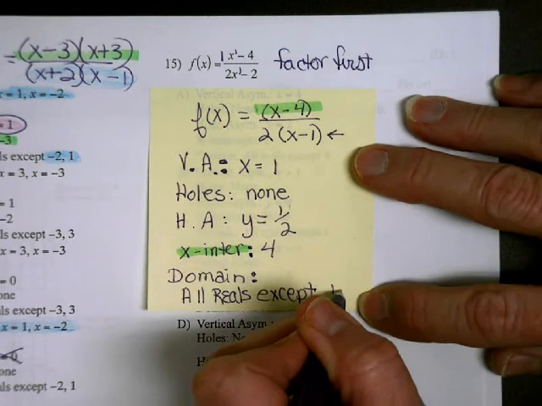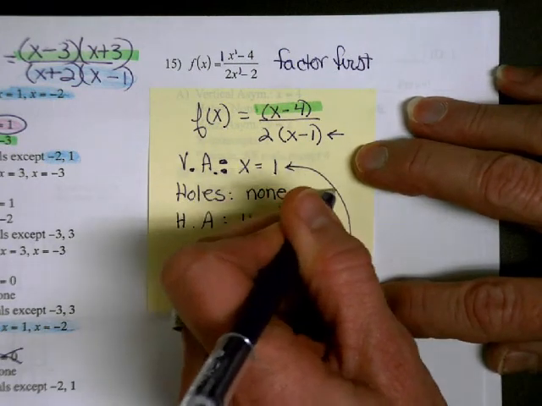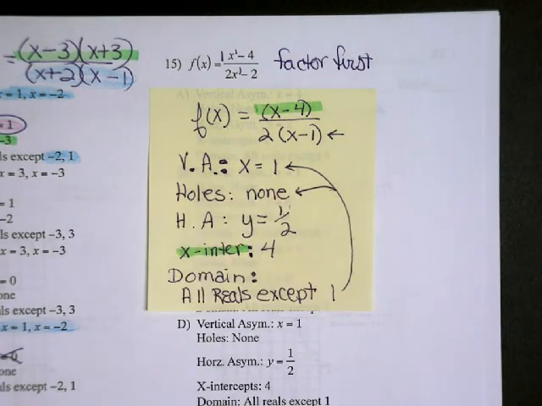Yeah, you got it. So that's where they get the domain. The domain comes from the vertical asymptotes and the holes. Otherwise there would only be the vertical asymptotes listed.